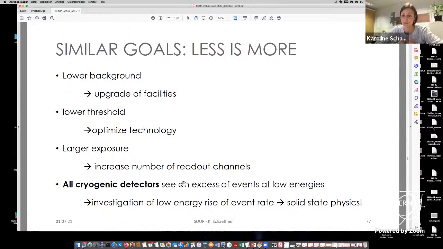So you would get events when maybe crystal bonds break because there are really tiny cracks, or some relaxation processes happening at the atomic bond level. Because in the end, we don't see this at the keV scale, but we see it below the 200 eV scale. So this can come from such an origin. We have now started to study solid state physics a lot in this direction, and there's a lot to be learned, which is just new also for this low temperature community.